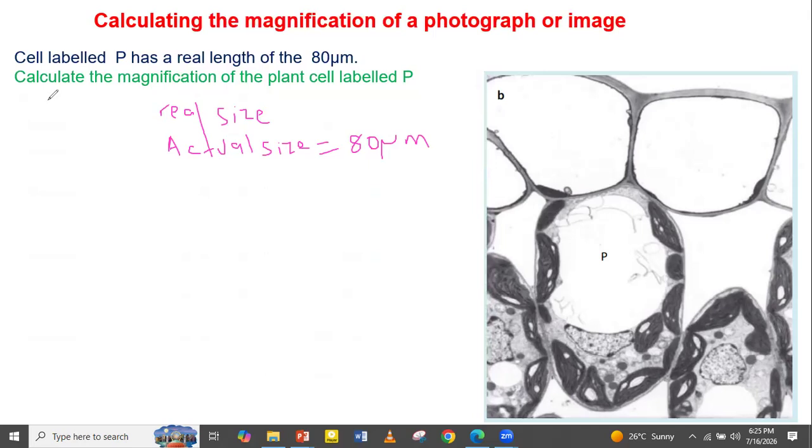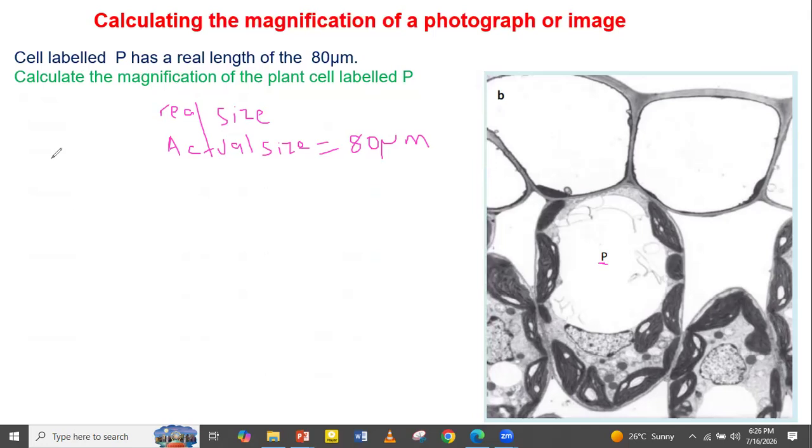Now they are telling me to calculate the magnification of the plant cell labeled P. You have several plant cells. If they specify the plant cell, please make sure that your eyes only concentrate on that plant cell. So this is our plant cell we are going to consider. You can see this is the plant cell labeled P. They want me to get the magnification.